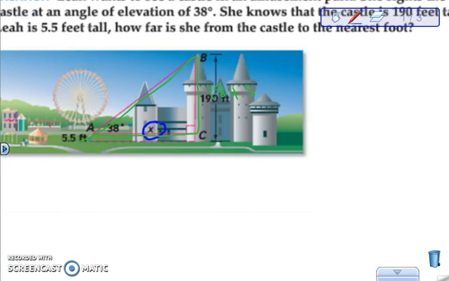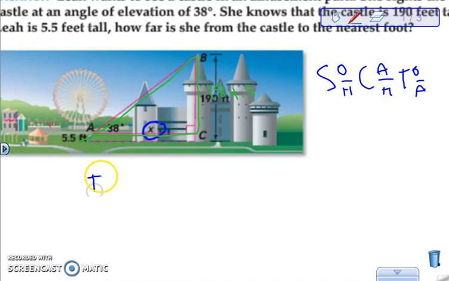So if we look at what we have and we look at what we're looking for, we go back to our sine, cosine, and tangent. So x is our adjacent leg. The 184.5 is our opposite leg, so we're using tangent.